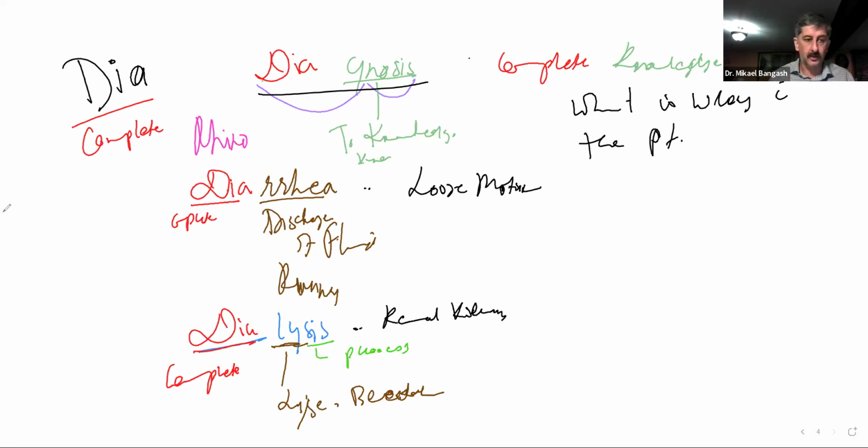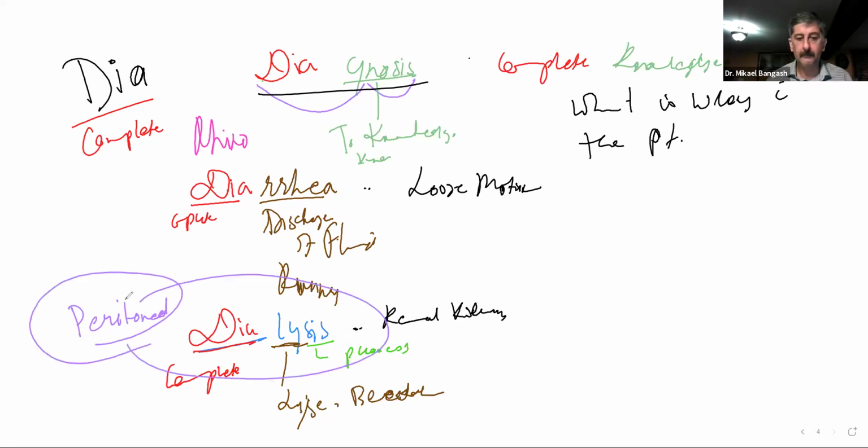All this is going to be in a later chapter, but we'll call it peritoneal dialysis, which depends on the way it is being performed.